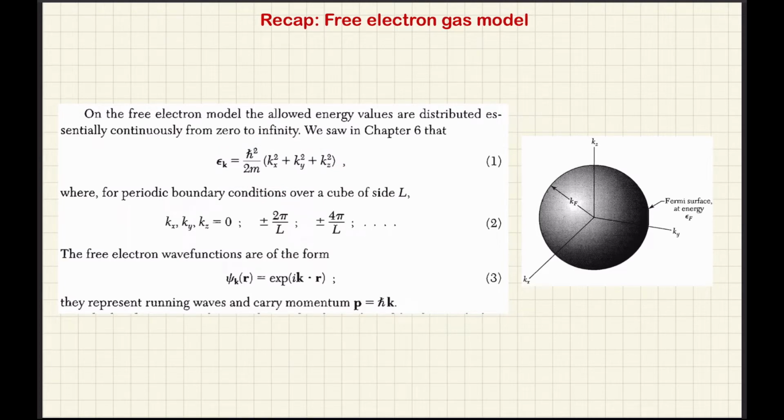Now kx, ky, kz, for periodic boundary conditions over a cuboid of length L, can have the values 0, plus or minus 2 pi by L, plus or minus 4 pi by L. The wave function of the electron can be written as a plane wave in 3 dimensions, e raised to i k dot r, and this plane wave carries a momentum p equal to h cross k.